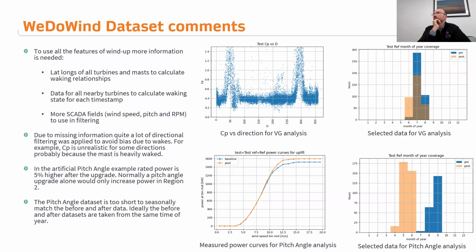On older wind farms it's not so much of a problem, but newer wind turbines do many more complicated things like grid curtailment, noise curtailment. They might do power boosting in certain situations. And the pitch and RPM data is very useful because it helps you understand what the turbine's intentions are.